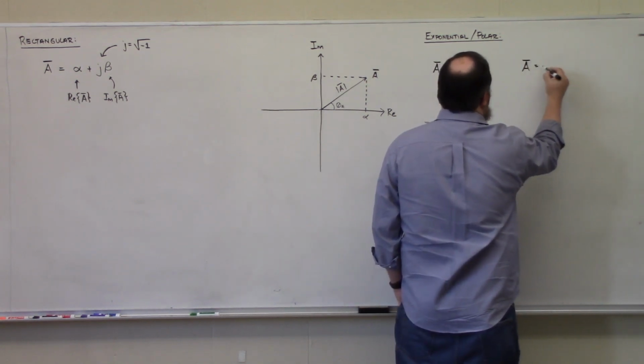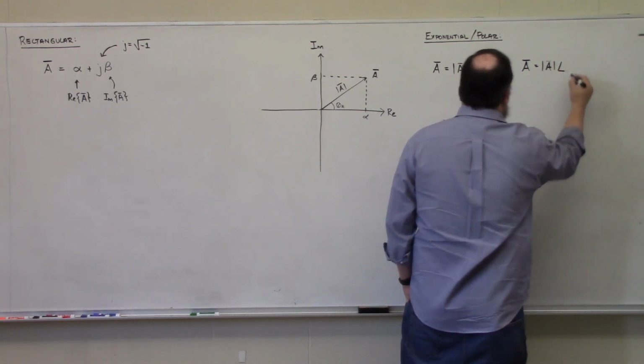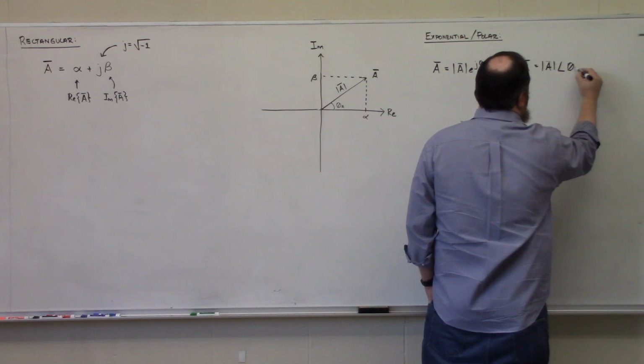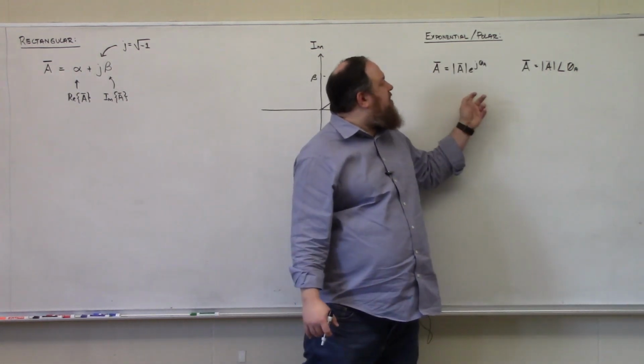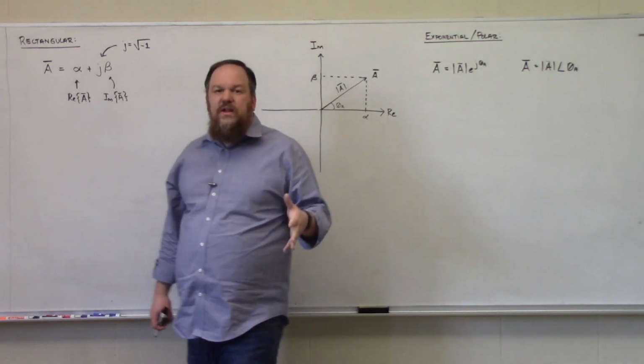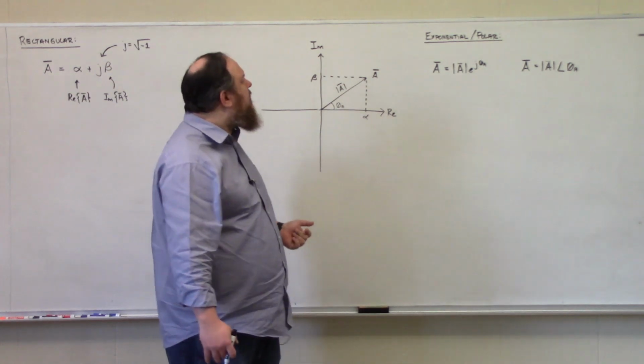So A would be the magnitude of A, angle theta A. These two forms, the exponential form and the polar form, are really the exact same information, just presented in a slightly different way.